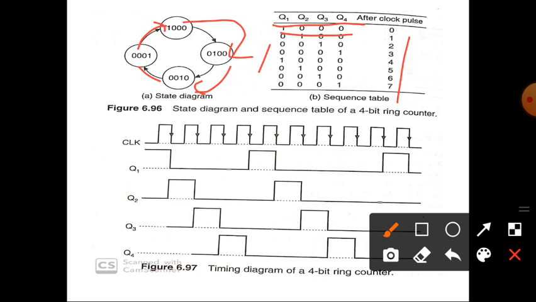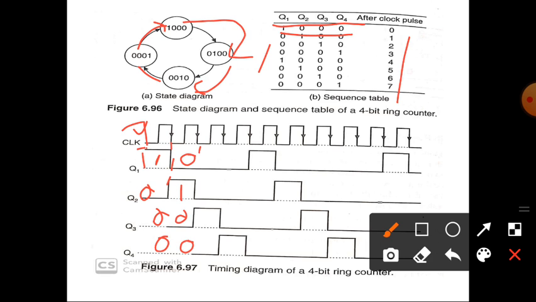Initially, we know that Q1 is 1. So during the negative clock pulse, Q1 is 1 and Q2 is 0 and Q3 also 0 and Q4 also 0. On the next negative clock pulse, Q2 becomes 1 and Q1 goes to 0, and Q3 and Q4 also 0.